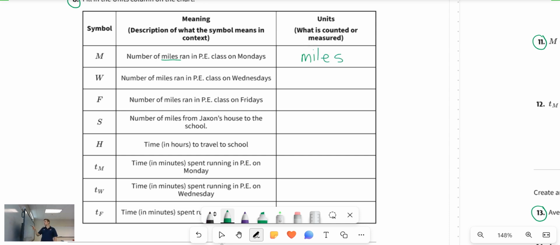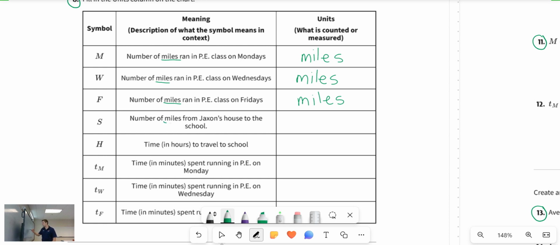All right, then the W stands for the number of miles ran in PE class on Wednesday. So this is also number of miles. F is the number of miles ran in PE class on Fridays. Okay, so the M, the W, the F stand for Monday, Wednesday, and Friday, and the capital letters are all number of miles. So these all have the same units. S, the number of miles from Jackson's house to the school.